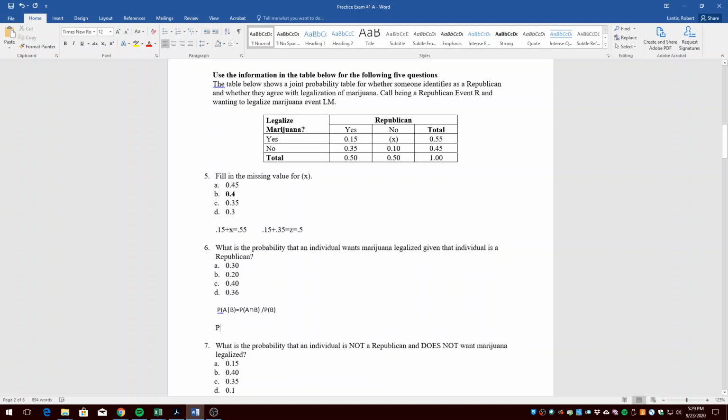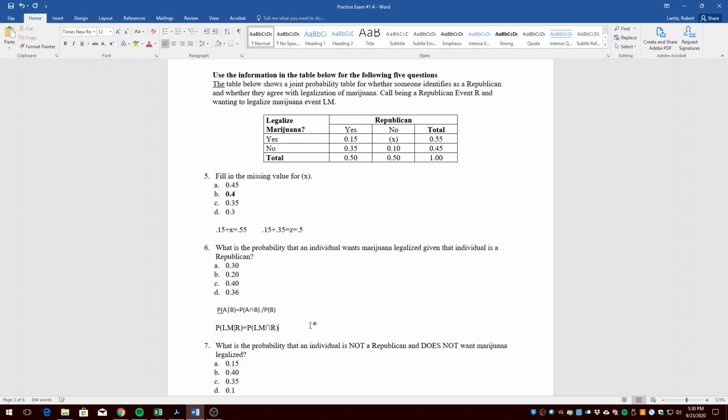So my event A, we'll call this legalized, which I think I set up here as LM. And then conditional on if they're Republican, which we can call just R. So this would be the intersection of those two events. So LM, actually I'm going to copy this so I don't have to find it, given R. And just to make this look a little prettier, I'll get the formatting to be the same here.